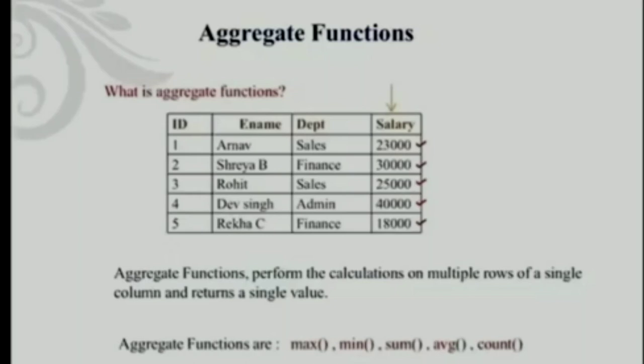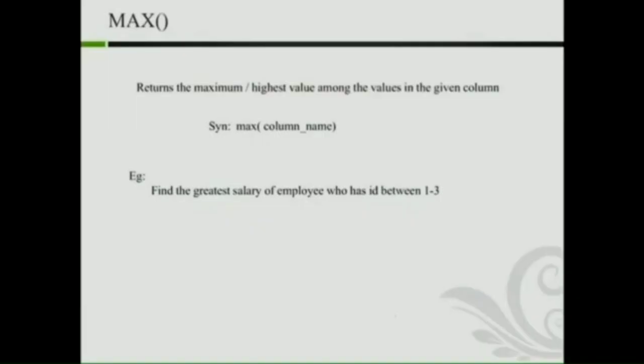Now let's see it one by one. First one is the maximum function. It returns the maximum or highest value among the values in the given column. Syntax is MAX of column name. For example, find the greatest salary of employee who has ID between 1 to 3.